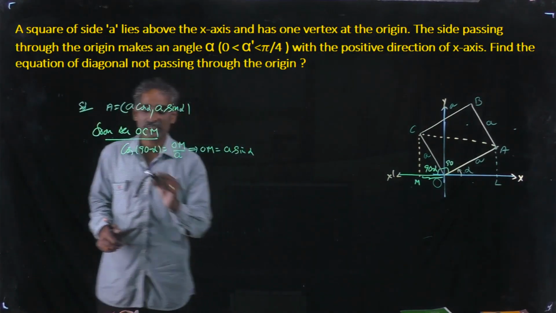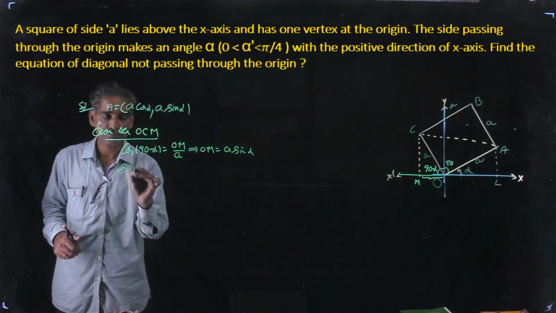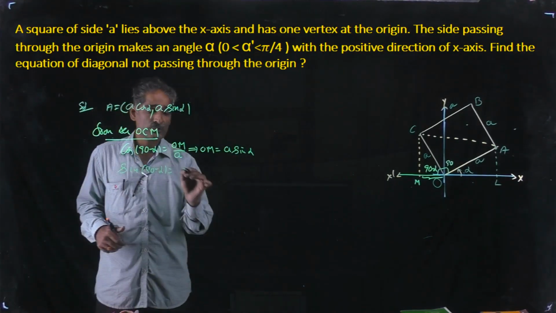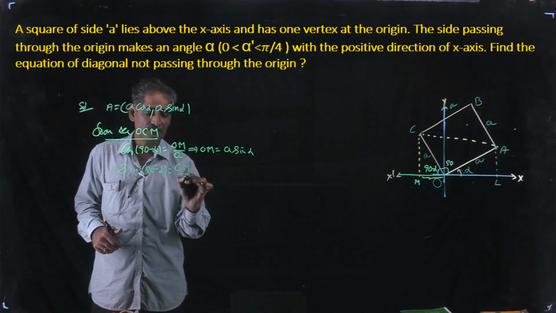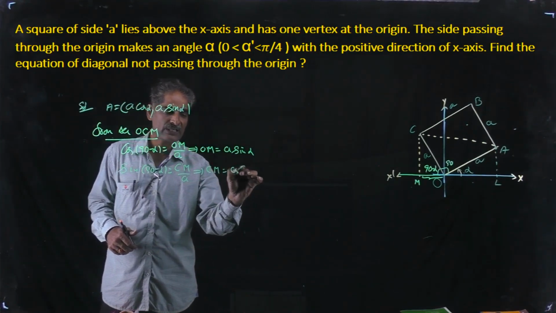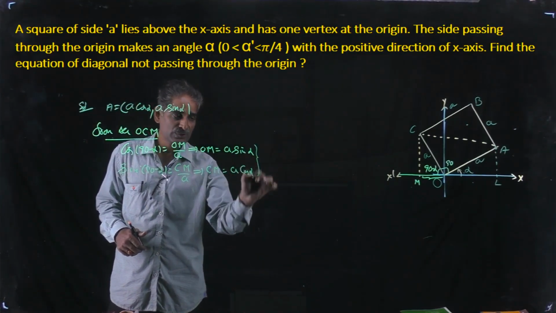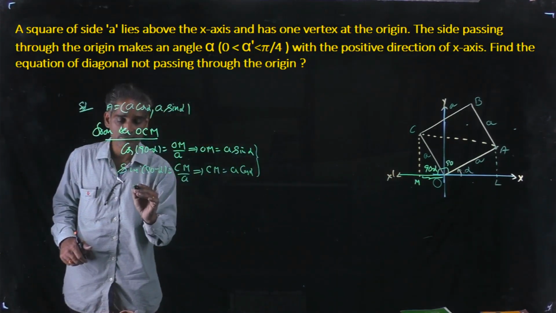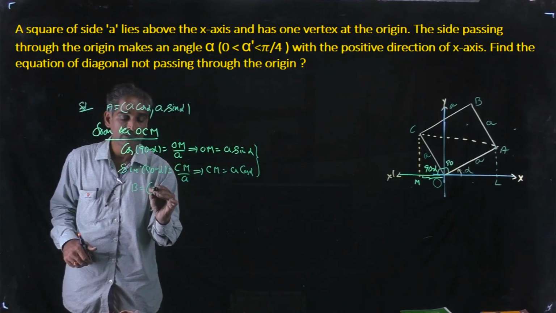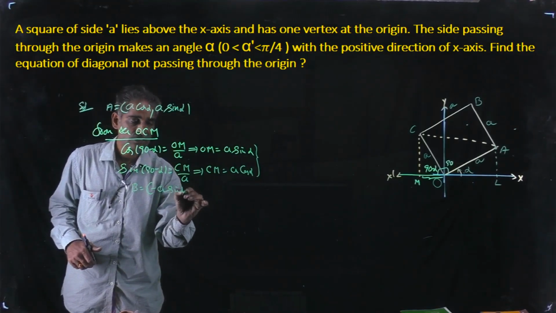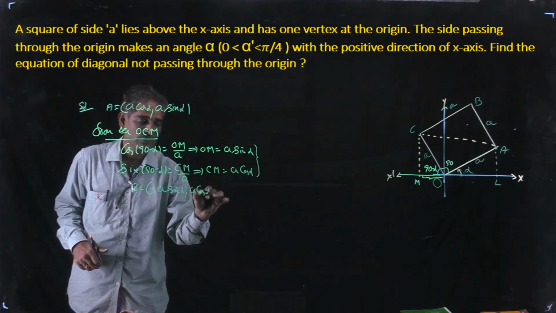Similarly, find sin also. Sin of 90 minus alpha is equal to CM by A. This implies CM is equal to A cos alpha. Now from these two, considering the negative x-axis, the coordinates of C are minus A sin alpha comma A cos alpha.